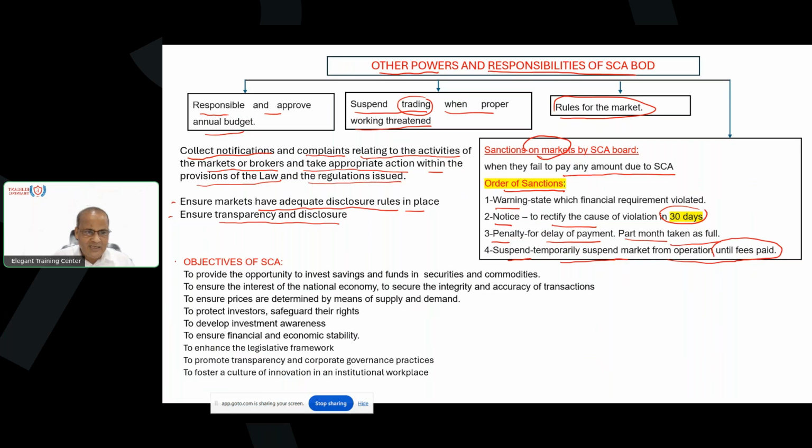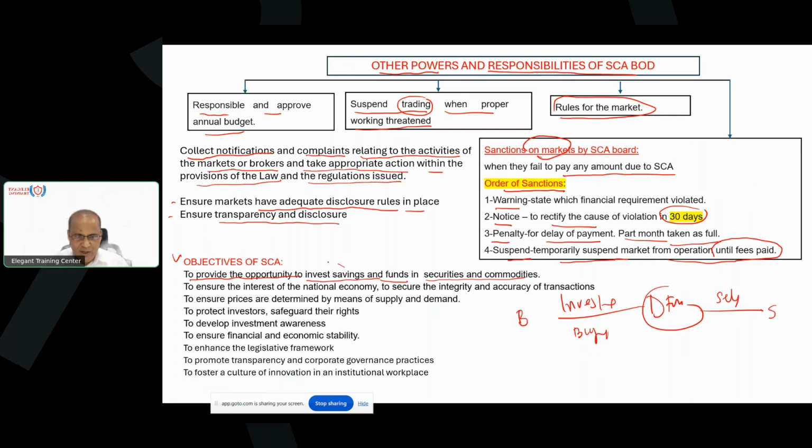Now, the objectives of SCA: to provide the opportunity to invest savings and funds in securities and commodities. So this is your exchange, DFM, right? Here you are the buyer and you are the seller. The buyer is investing, buying, and the seller is selling.